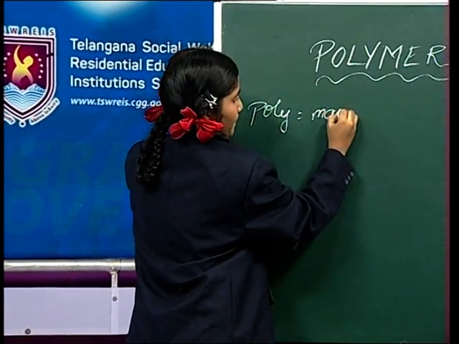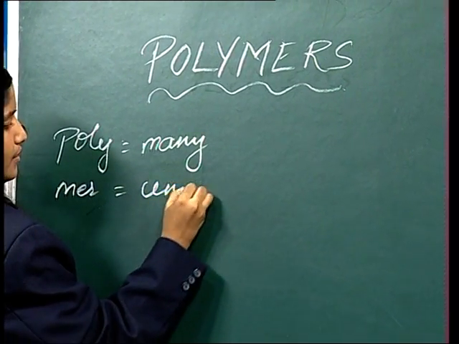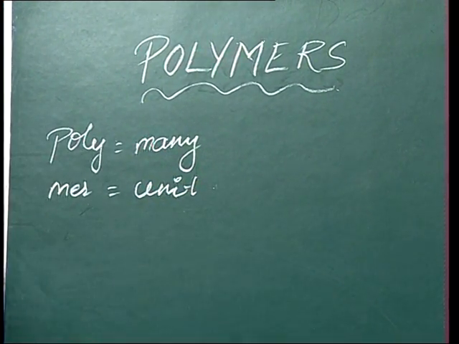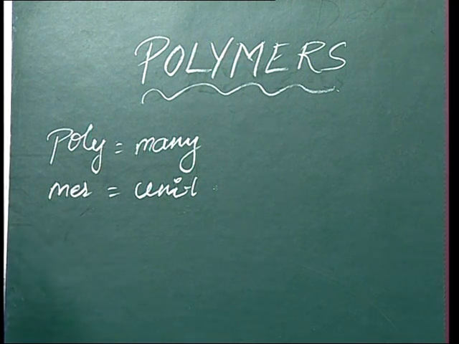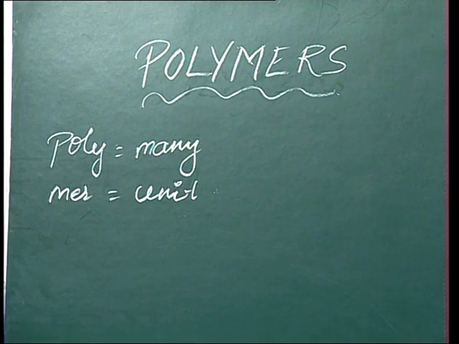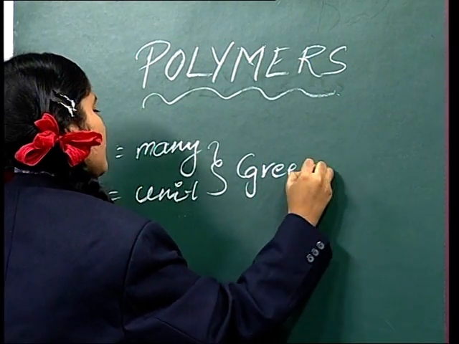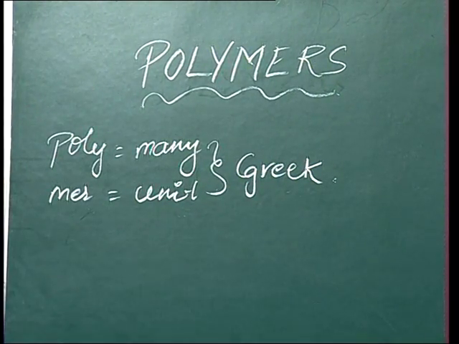Okay friends, the word polymer is derived from Greek, and a polymer is a structure of many small repeating units.